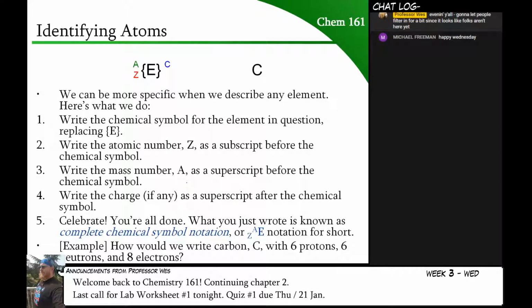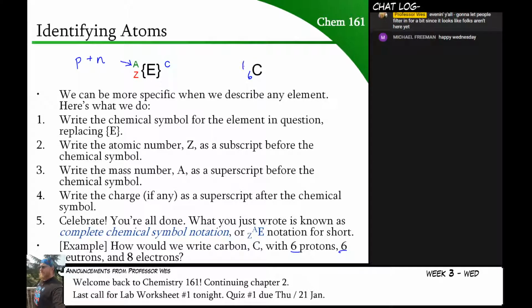So carbon has the atomic number listed on the periodic table, and if you have a periodic table, you can look that up. Turns out it's 6. A is the mass number. Remember that this is protons plus neutrons. So I would add those two numbers together. 6 and 6 is 12.